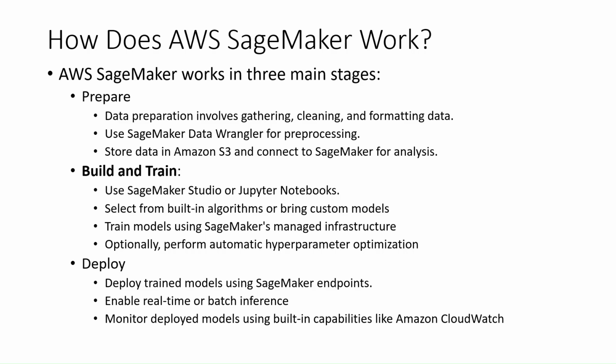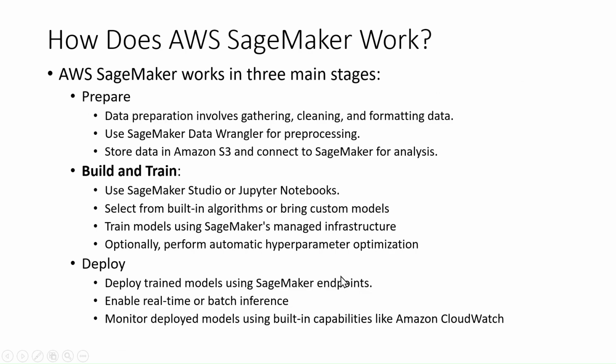Enable real-time or batch inference, like how ChatGPT and Gemini work: we ask questions and provide inputs, and the backend process trains based on the user input. Like that, we can enable real-time or batch inference. Monitor the deployed model using built-in capabilities like watching the logs. You can go with CloudWatch also.